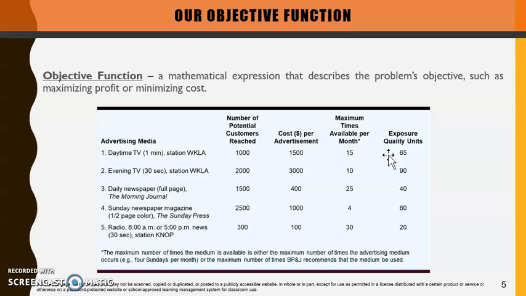And so 65 times the number of daytime TV advertisement give us the total exposure quality that we get from this medium, plus 90 times the number of evening TV advertisement, plus 40 times the number of daily newspaper, plus 60, and like that you continue until you get here, 20 times the number of radio advertisement.